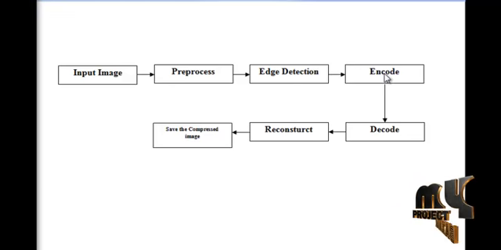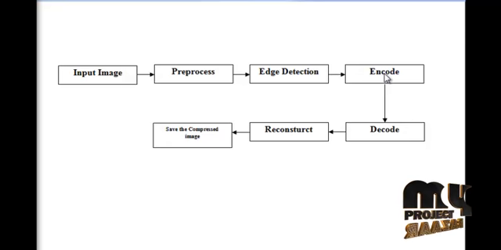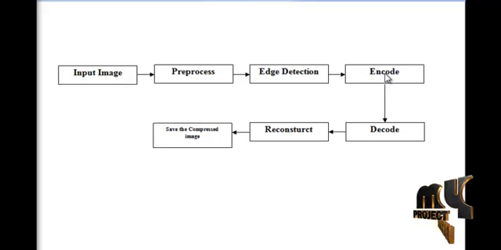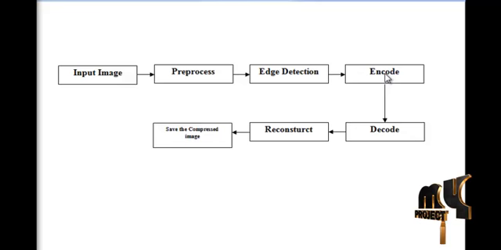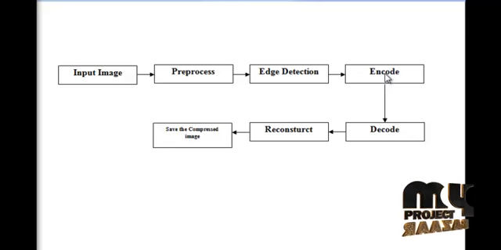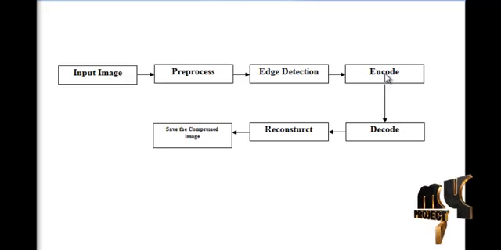In most images, the neighboring pixels are correlated and thus contain redundant information. Our task is to find a less correlated representation of the image. They perform redundancy reduction or irrelevancy reduction.